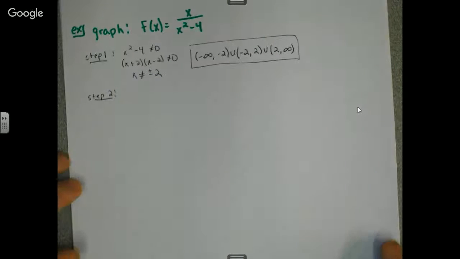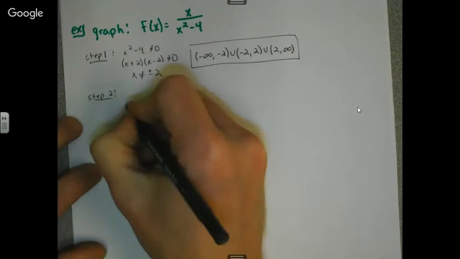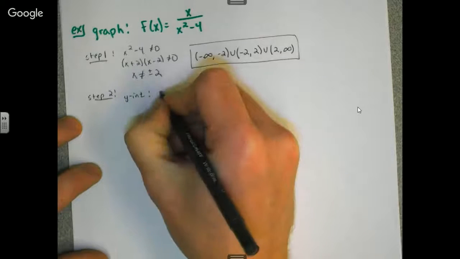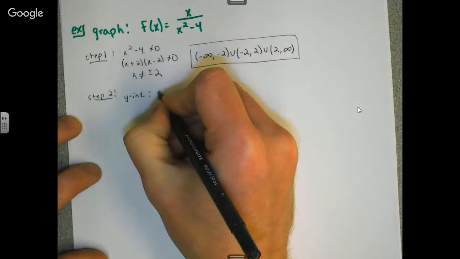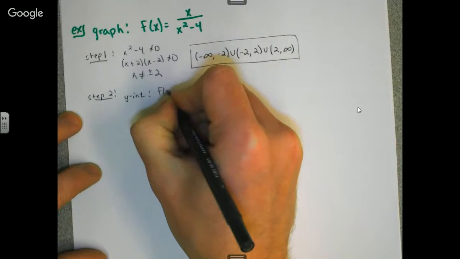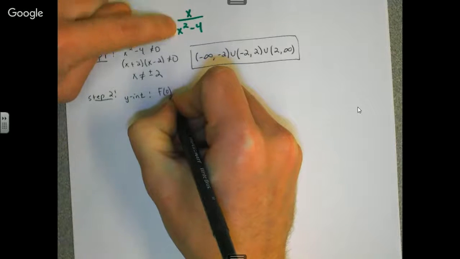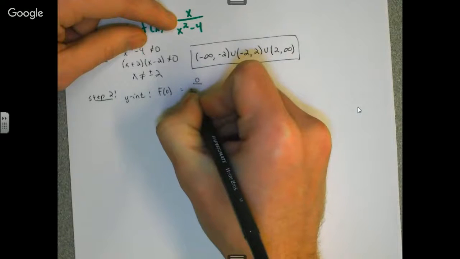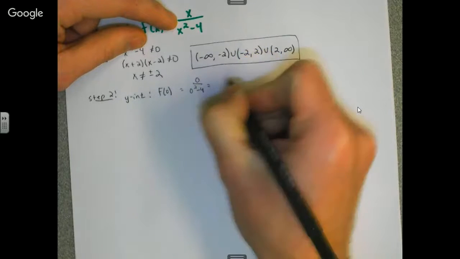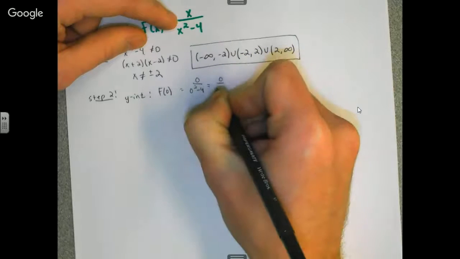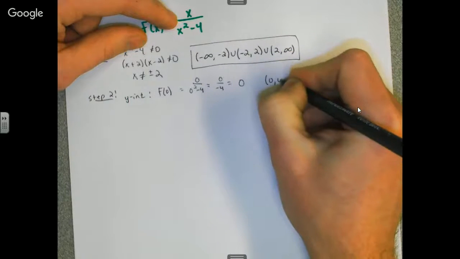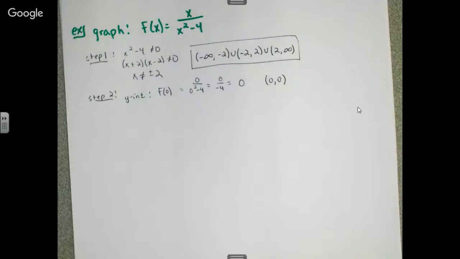For our y-intercept, that is when x is 0. So we want to find f of 0. I'm just plugging in 0 for these x's here. 0 over 0 squared minus 4. So that's 0 over minus 4, which is 0. So I'm at 0, 0.